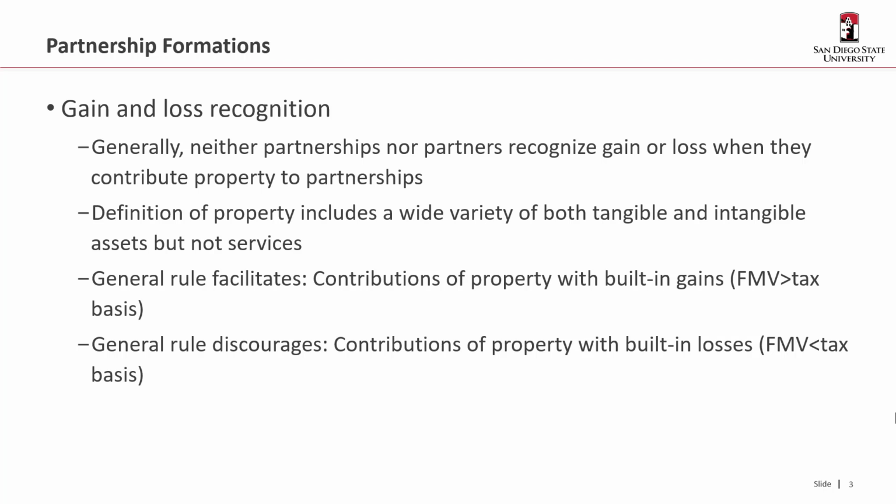The definition of property, like with 351, is broad, includes a lot of different assets, but obviously not services. The general rule facilitates the contribution of property with a built-in gain, and it discourages the contribution of property with a built-in loss. The reason is that the loss is not recognized, it's deferred. As a result, sometimes it makes more sense to actually sell that property and then contribute the cash so that the loss can be recognized.